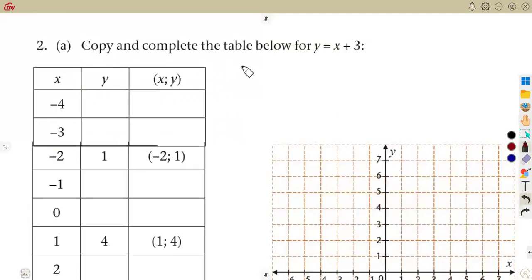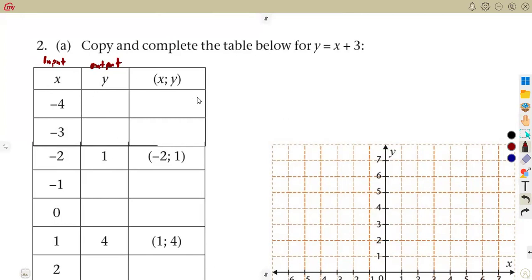Copy and complete the table below for y is equal. So if they give you like this, you answer the way that you're given. They said copy and complete the table. So we are given the x value. This is our input, same like I was saying, guys. And the y value is your output. So what does it mean?